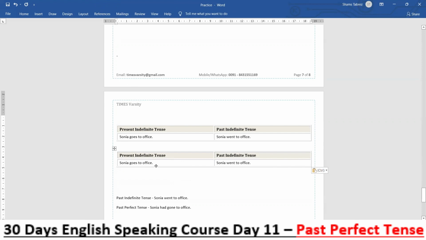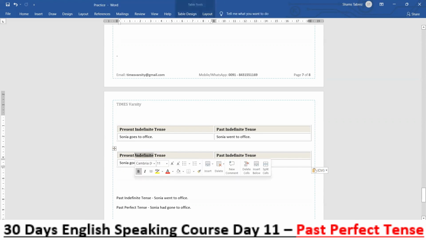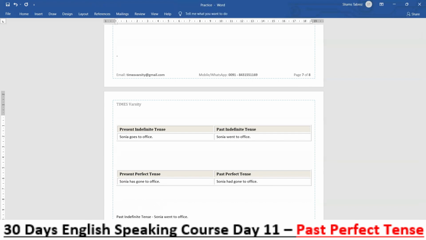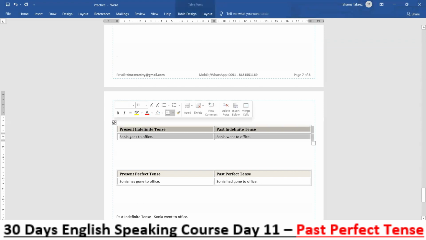In perfect tense, it will be in present perfect tense. It will be Sonia has gone to office. In past perfect tense, it is Sonia had gone to office. Okay, in between, let me put continuous as well.